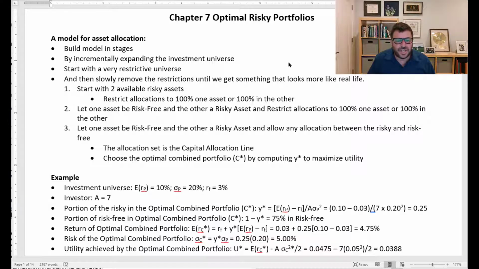We said, well, let's let there be one risk-free asset and one risky asset and allow any allocation between the risky and the risk-free. And we said that the set of possible allocations, the things in which you could invest, we called the capital allocation line. And we chose the optimal combined portfolio, which lies on the capital allocation line, by computing Y to maximize utility.